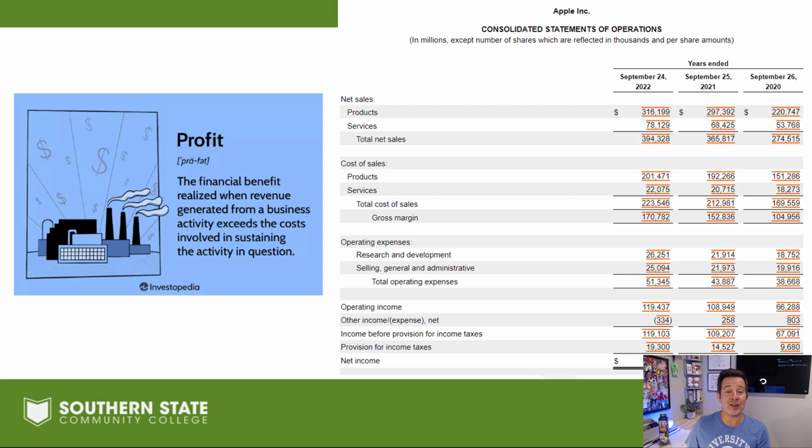Now, you take a look at their income statement, you can see they got sales minus expenses equals net income. They're pulling down in fiscal year 2022, $99.8 billion. With a B in profit. Not just sales, I'm talking profit. After all the expenses are considered, they are earning $99.8 billion in profit.